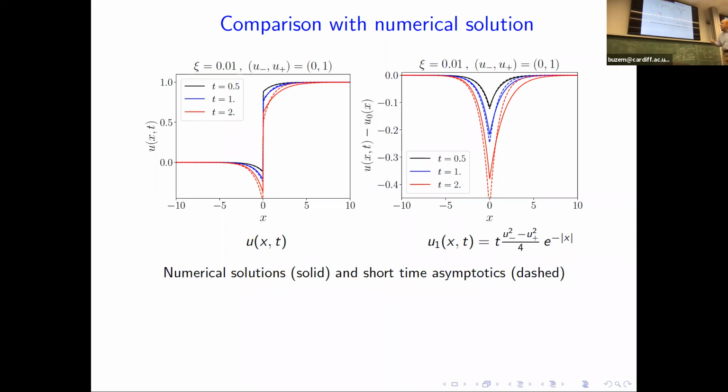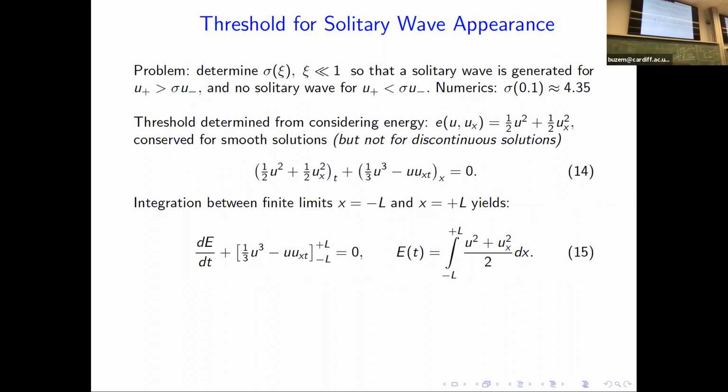So that's just taking away the expansion shock piece from near 0. Okay. So again, remarkably good agreement. And then we want to look at this tricky problem of why the solitary waves appear and then disappear.